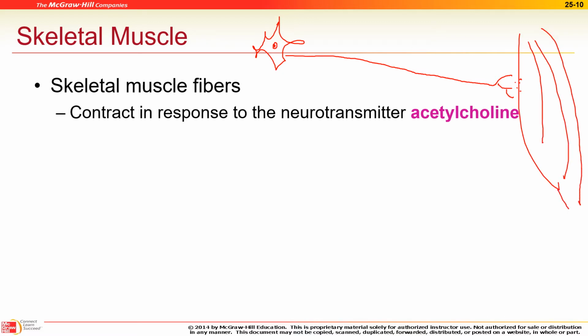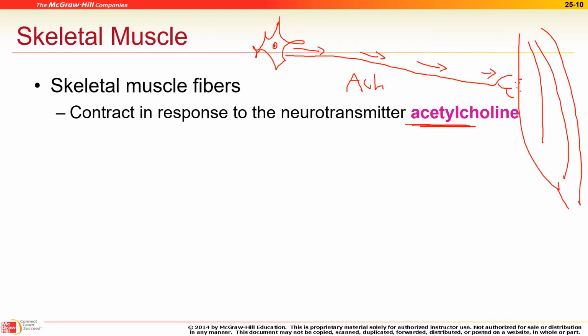That's what causes your muscle to fire. The nerve cell fires, it sends the electricity down to the muscle fiber, and the chemical that tells your muscle to contract is called acetylcholine. Sometimes it's abbreviated ACh. That's the chemical that causes contraction.